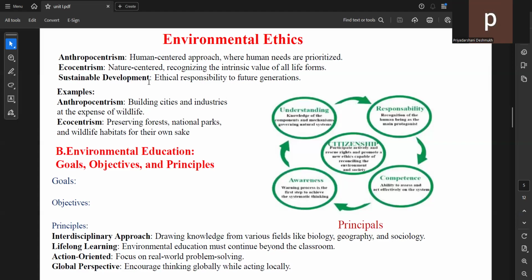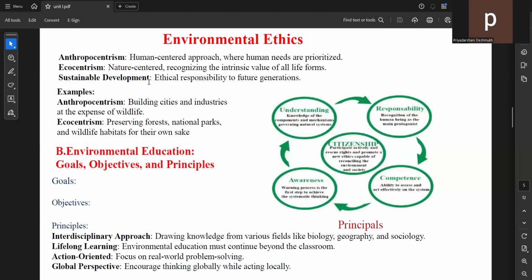Now, what will be the objectives? The objectives will be to promote awareness about environmental challenges, to develop problem-solving skills for addressing environmental concerns, and to encourage individuals to adopt sustainable practices.